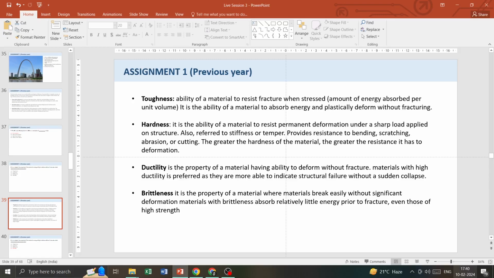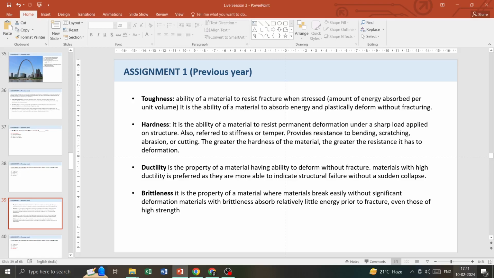So what this basically means is that if a material is ductile and it is being used in a structure, it will not suddenly collapse, okay, because it will not suddenly collapse when force is there. It will first deform and then collapse. So when this deformation occurs, that can warn about the structural failure, and it will not suddenly collapse.